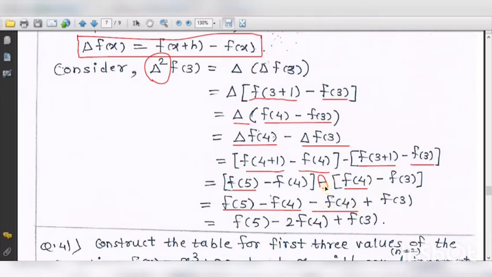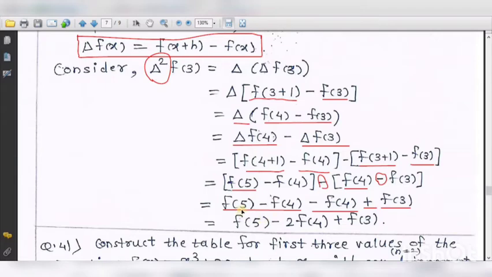Now multiplication of this minus with this minus will be plus. So here we have plus sign. So what is it? Plus f of 3. So we just add and subtract whatever terms we have obtained, as given in the example.